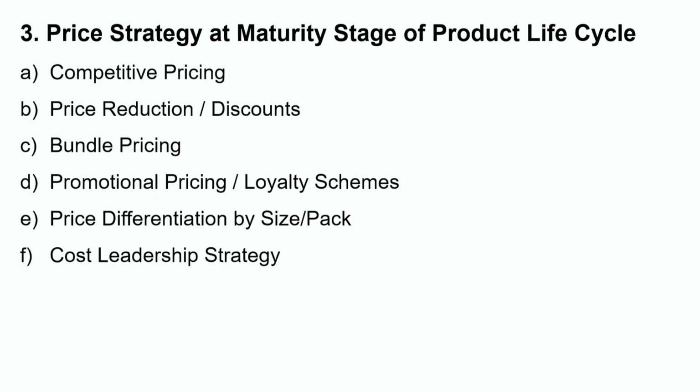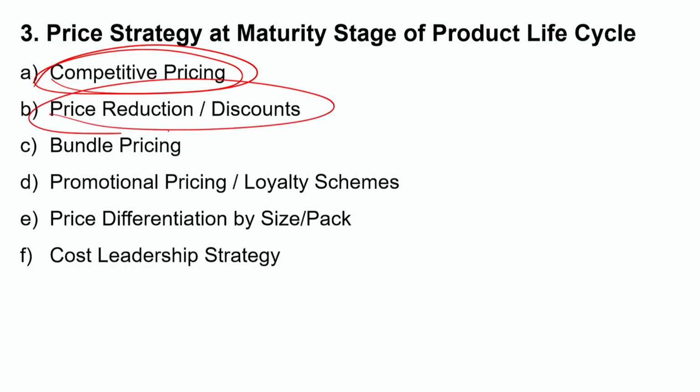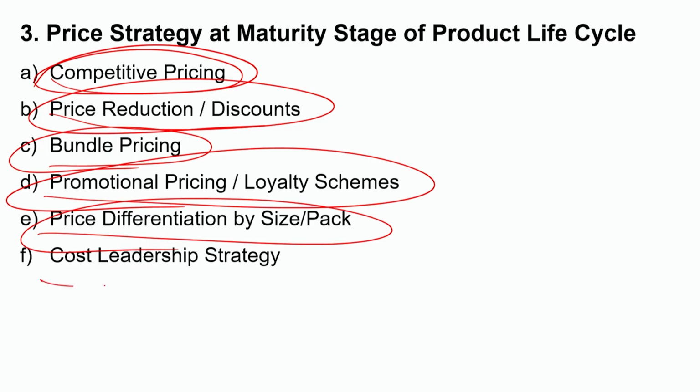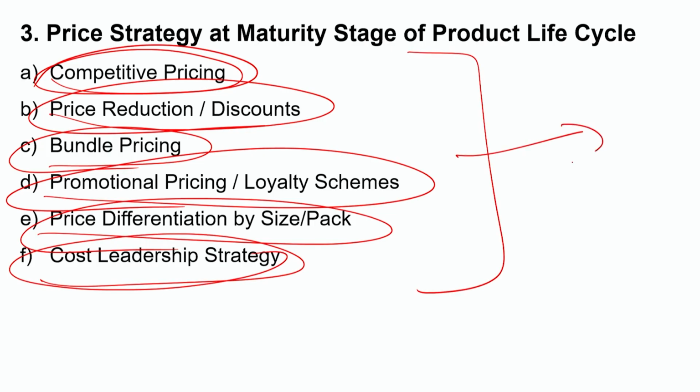For this you are going to use competitive pricing, which I discussed on the previous slide, price reductions, discounts, bundle pricing, promotional pricing, price differentiation by size, and cost leadership strategies. These are the pricing strategies that can be used in the maturity stage.